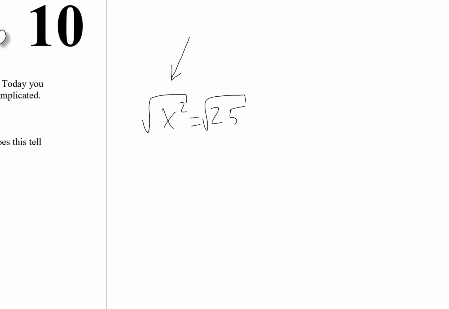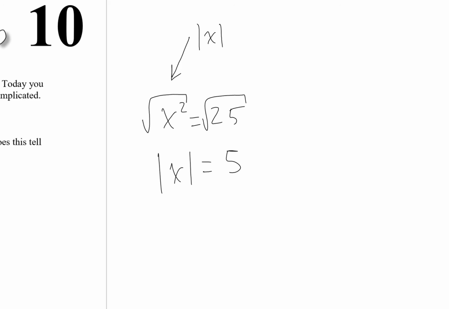It's not something I stress a lot, but I want to start making more of a deal out of it. If you take a number, square it, and then take the square root, that's exactly the same thing as the absolute value function. So I can replace the square root of x squared with the absolute value of x, and that equals the number 5.